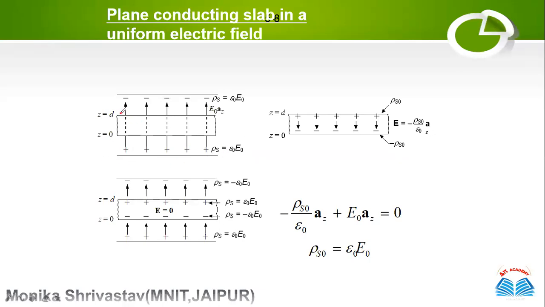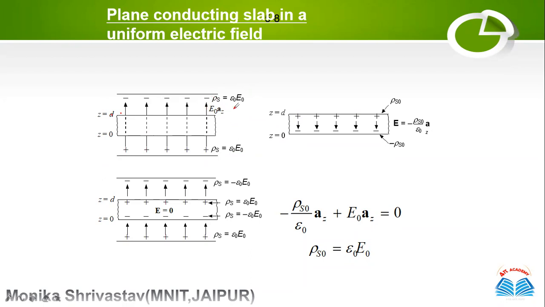So if we consider this as one surface and this as another surface, then for this surface we get rho s, which will be epsilon naught E naught.